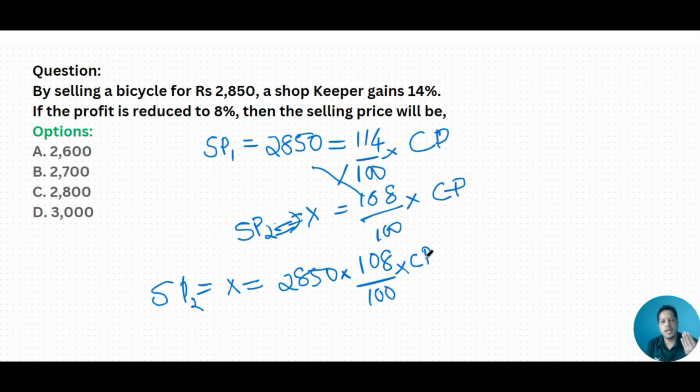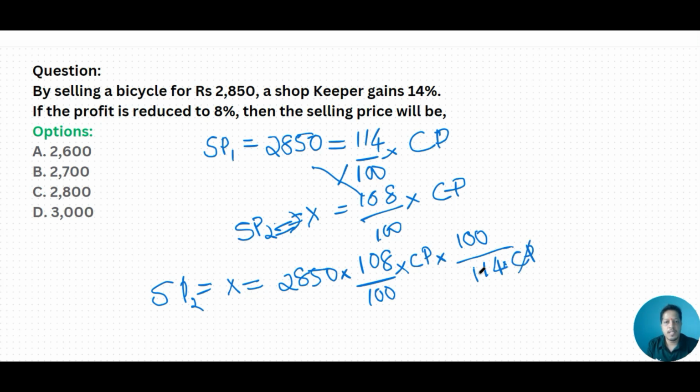So whatever is in the numerator I will write in the denominator, and whatever is in the denominator I write in the numerator. Here I will write 114 and CP are in the numerator, so I'll write them in the denominator, and 100 is in the denominator, so I'll write it in the numerator here.